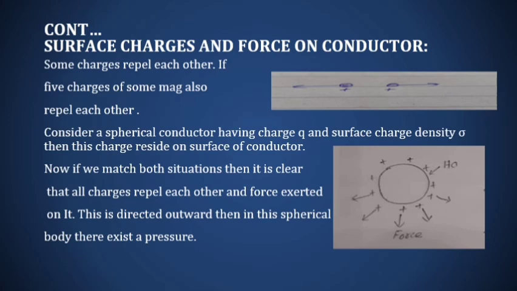But if we consider a spherical conductor having positive charges on its surface, then we can clearly see that like charges always repel. So the direction of repulsion is outward, and there exists a pressure.